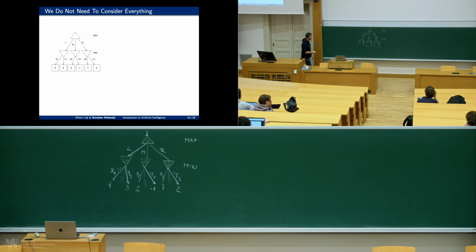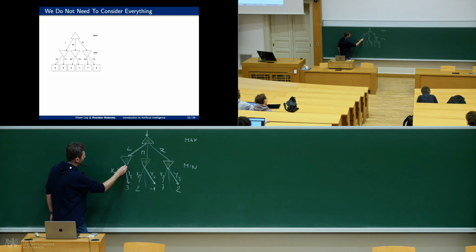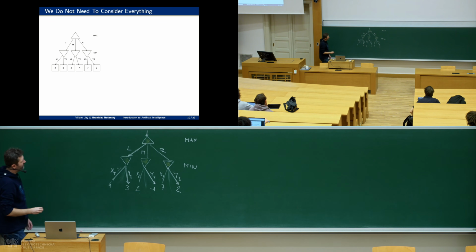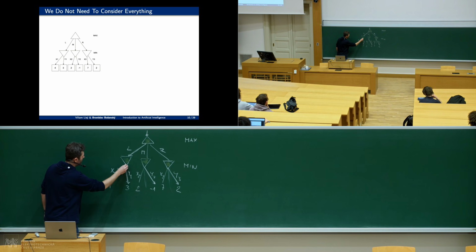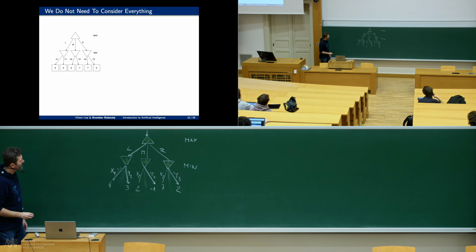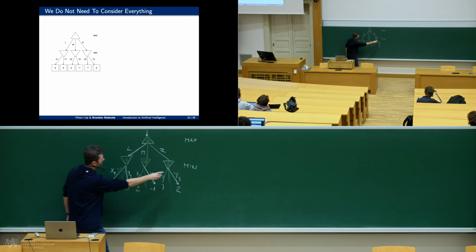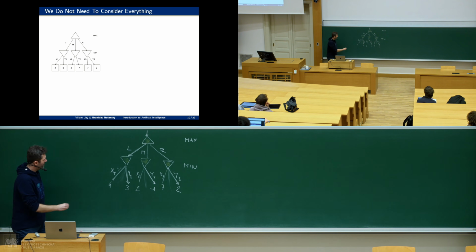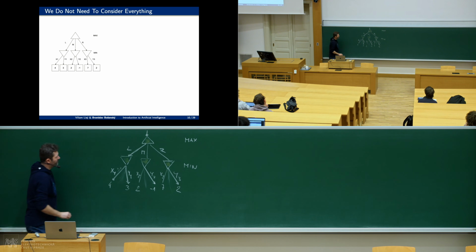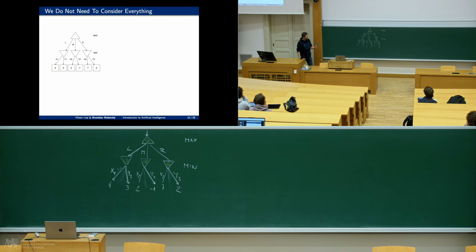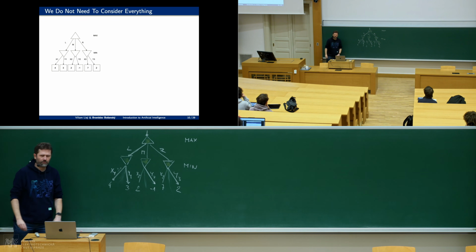This is the utility value of that leaf, and in that moment the algorithm finds out that okay, I'm in the node of the minimizing player, and the first value that I have explored, found by playing one action, x1, is 4.